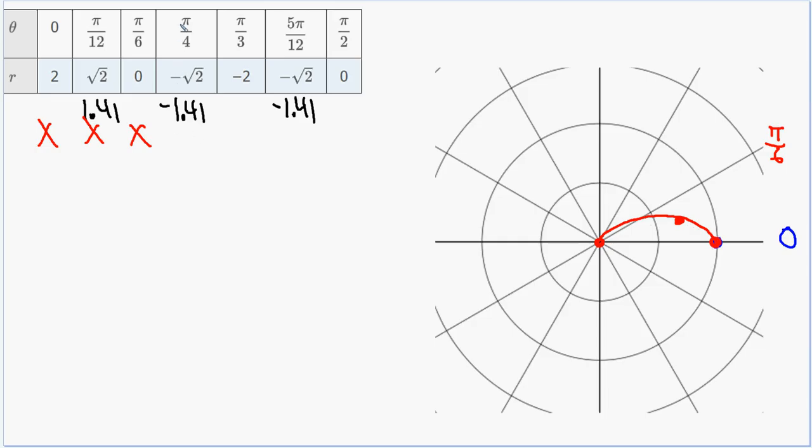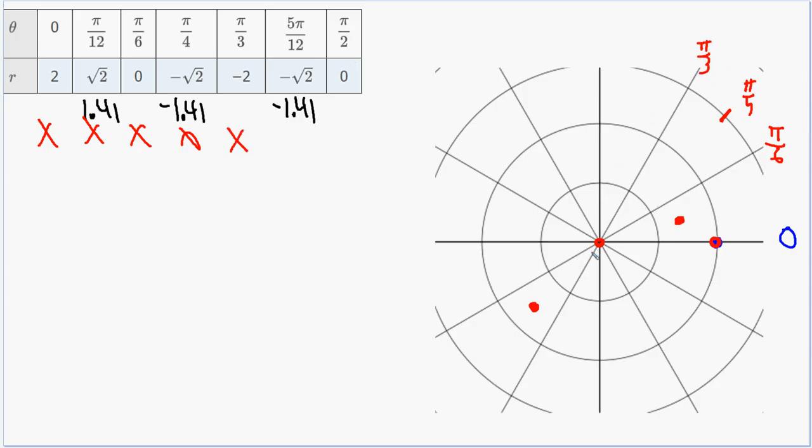Pi over 4 would be here in the middle. The negative shoots us across the origin, so we're going to go to about here. And actually, let me connect the dots at the ends. There we go. Pi over 3, negative 2. Here's pi over 3.